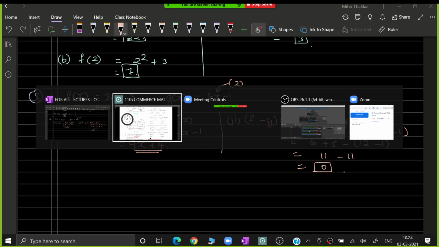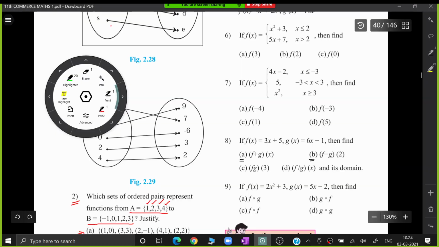Let us see the next one. fg(3). fg(3) means that we have to find f of 3 multiplied by g of 3.